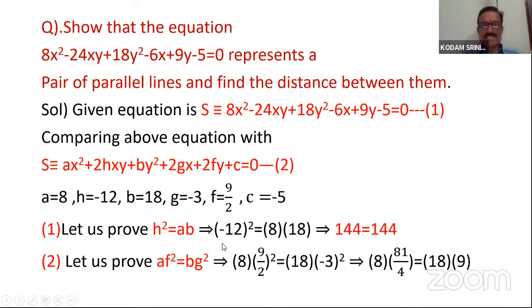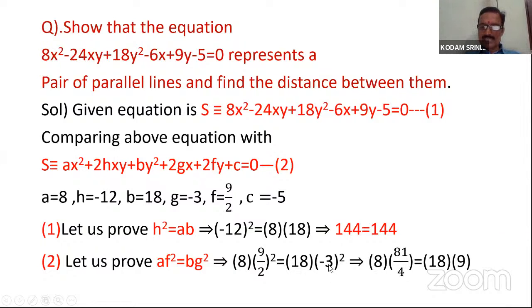Let us check for a f square equals b g square. a is 8, f equals 9 by 2 whole square, equals b times g square, b equals 18, g square equals minus 3 whole square. We have to simplify both sides. That is 8 into 9 by 2 whole square, 9 9s are 81, 2 2s are 4, so 8 into 81 by 4, that is 2 into 81.